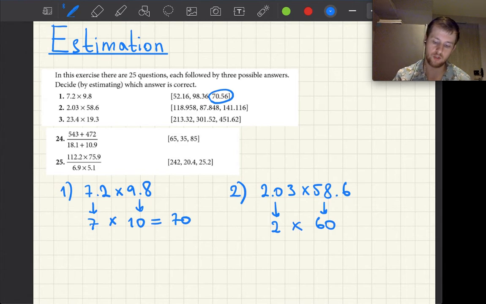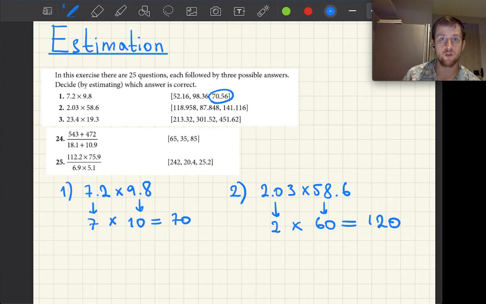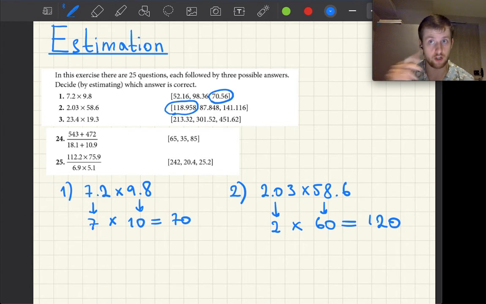We would get 2 times 60 is 120. We can already see that the only number that is close to 120 here is 118.